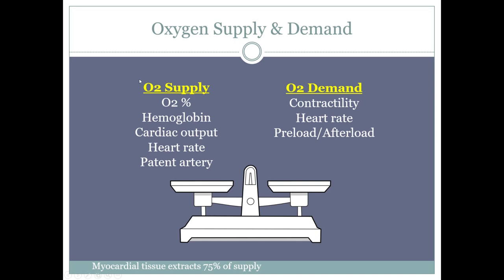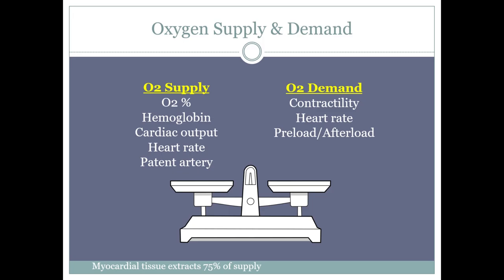Let's talk about those things that are important for oxygen supply. One just makes sense: we have to have oxygen, right? If we don't have enough oxygen, there's nothing we can do beyond that. So what are some relatively unique, rare situations where oxygen may not be as available as it normally is? Anybody think of anything?